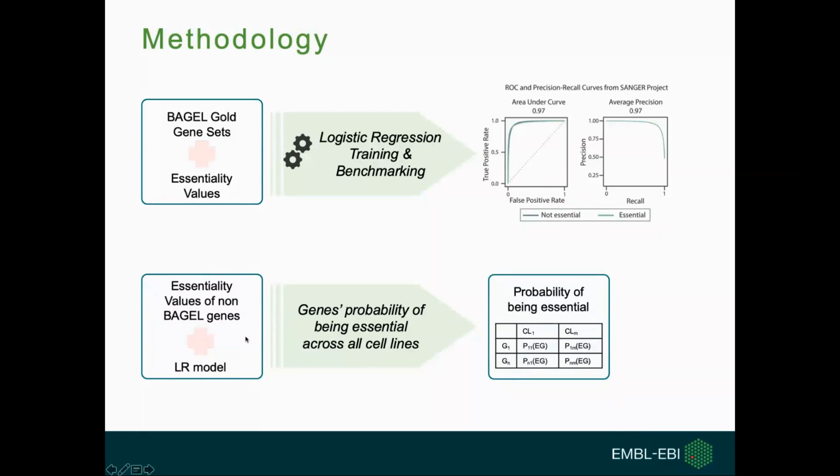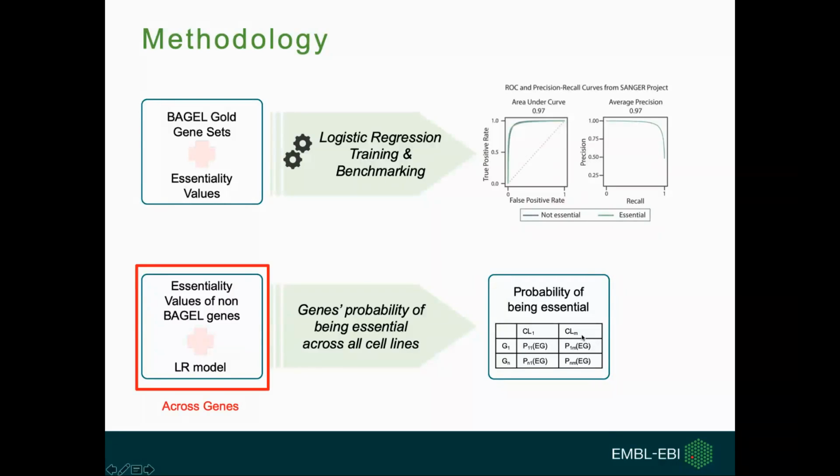Instead of taking the logistic regression binary score as success or fail, whether it is essential or not, we take the probability of being essential that the LR model gives us. So how probable is it that this gene is essential in this cell line? We have these values.